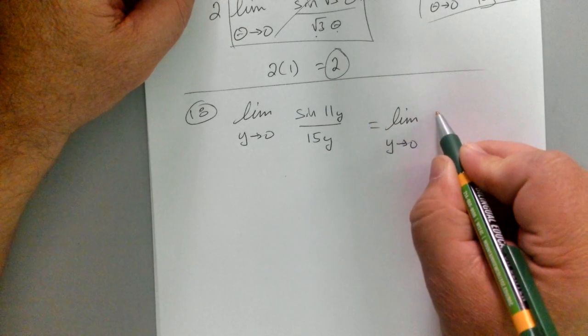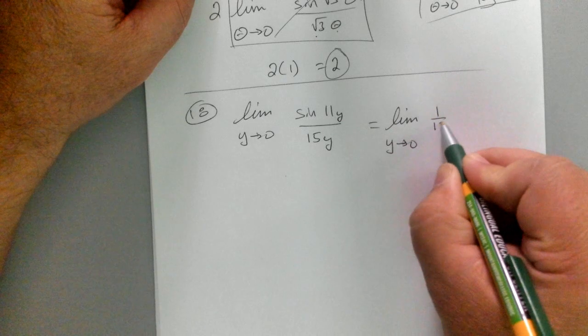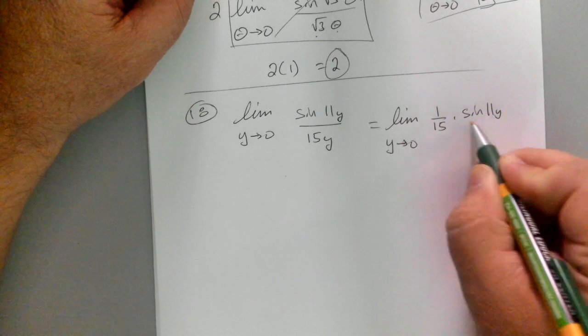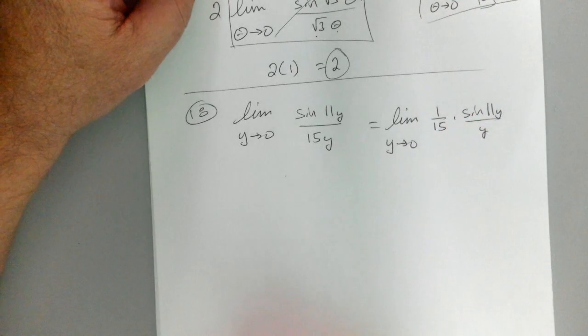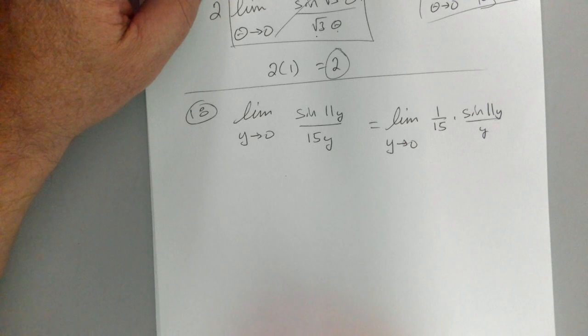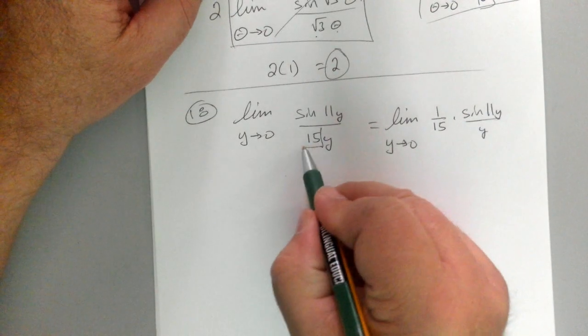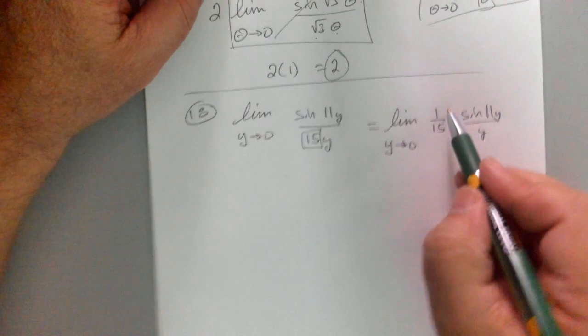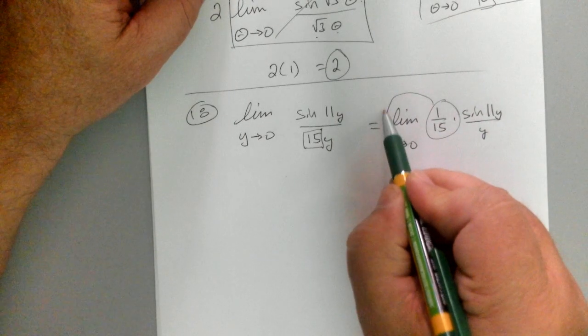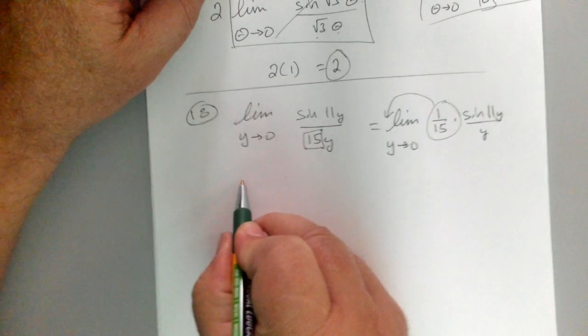As y approaches 0, 1 over 15 times sine 11y over y. I can do that, yes. Just move this out front. It's a constant, so where does it go? In front of the limit.